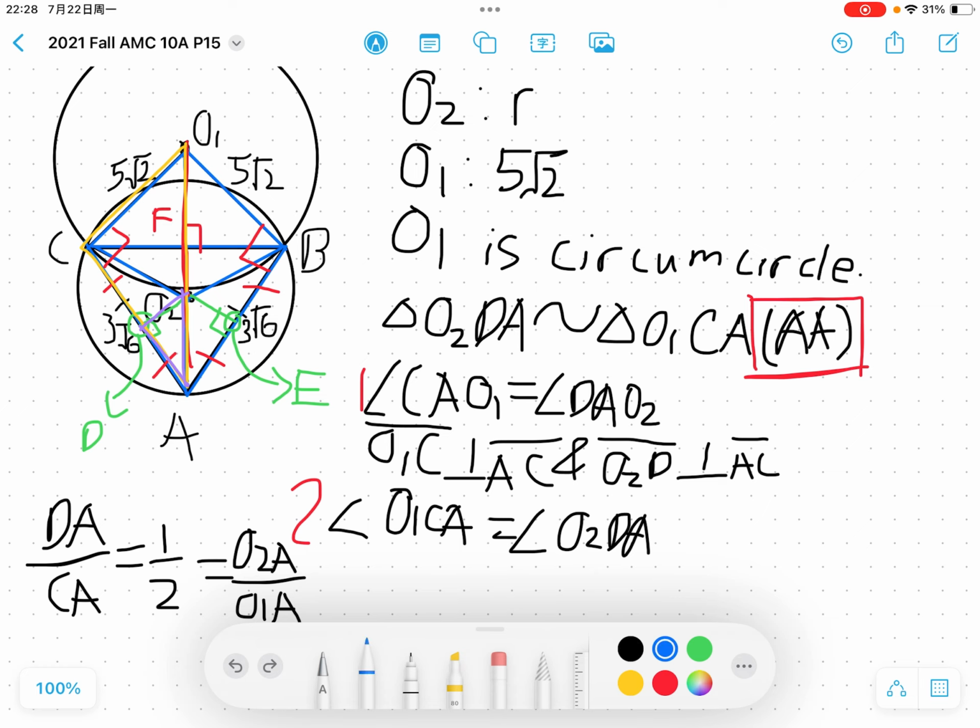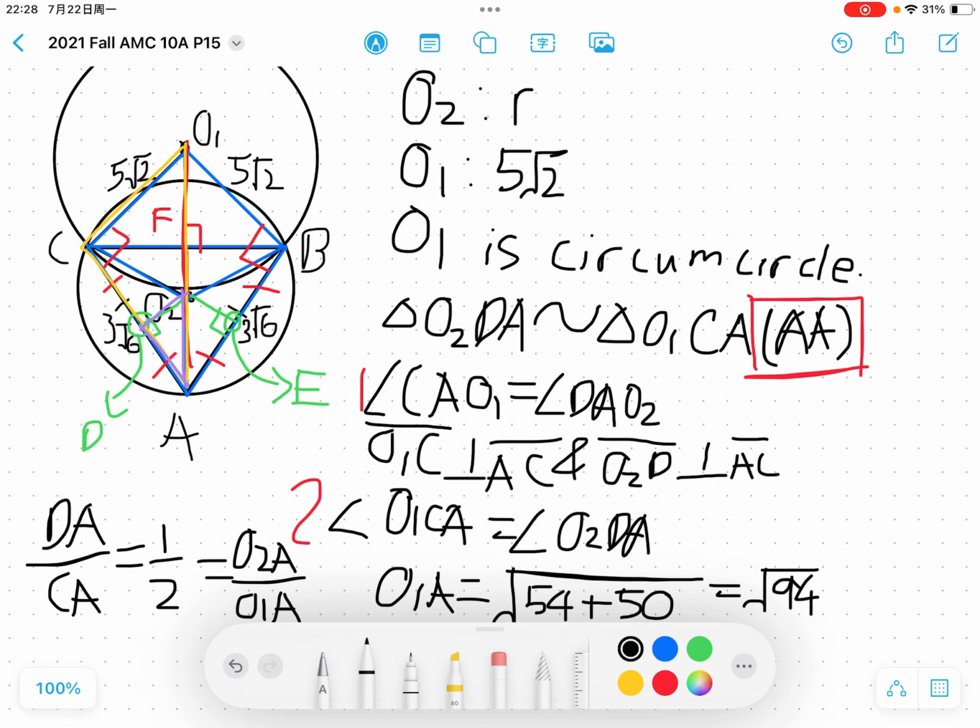If we look at this carefully, we have a right triangle here, which we know the legs of, so we can figure out the hypotenuse using the Pythagorean theorem. So O1A is going to be 3 root 6 squared, so 3 squared is 9, root 6 squared is 6, so that's 54, plus 5 root 2 squared is 50, so we have root 94.